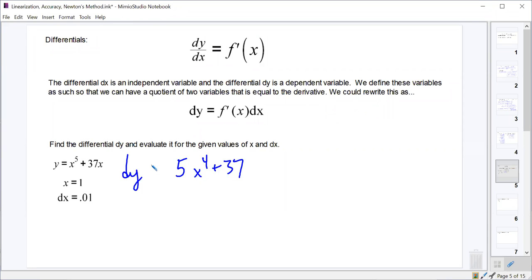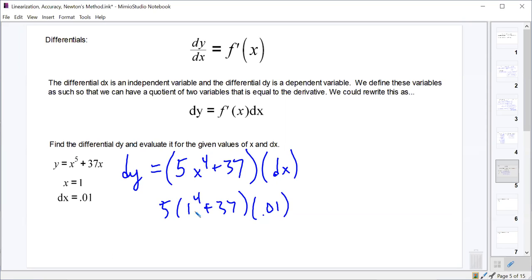So the change in y should be equal to the derivative evaluated at x equals 1 times our dx value, which will be 0.01. So we should have 5 times 1 to the fourth plus 37 times 0.01.